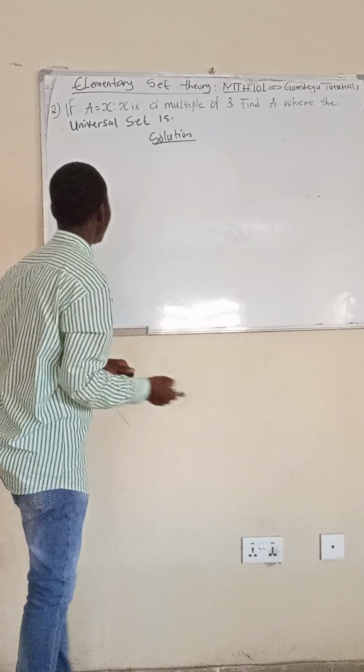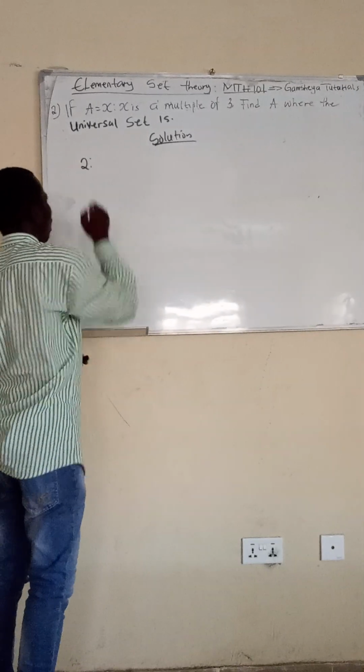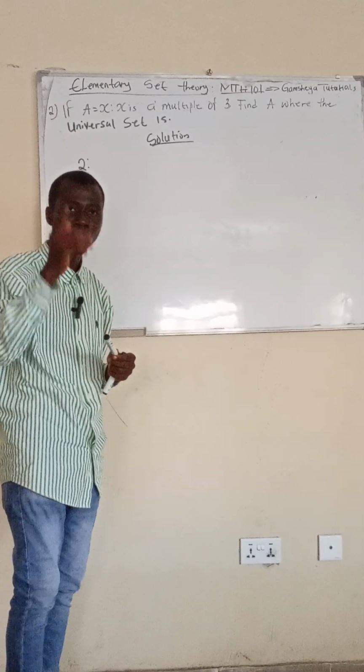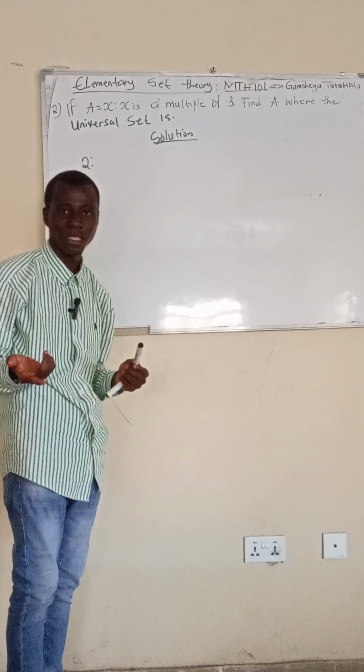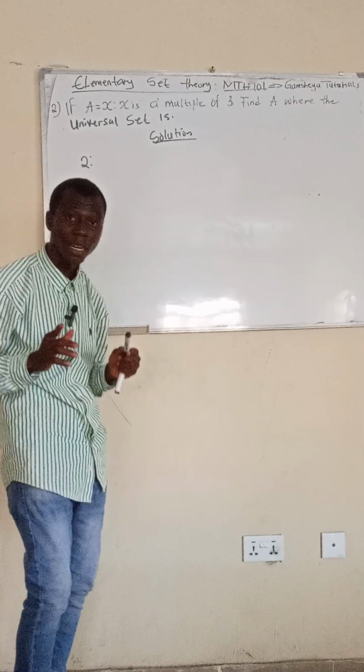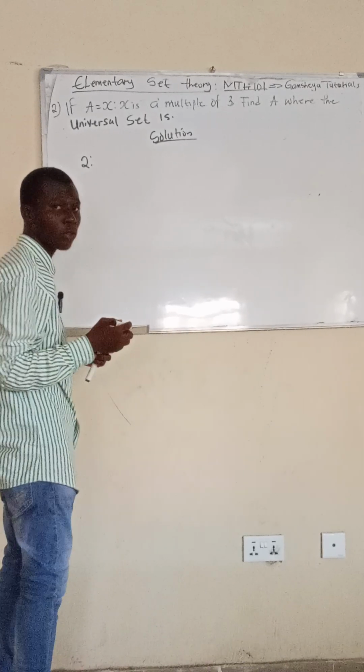Let's take, for instance, if you're given the number 2 and you're asked to find the multiples of 2. Don't forget, every multiple of a number begins from the number itself. So the multiples of 2 are what?